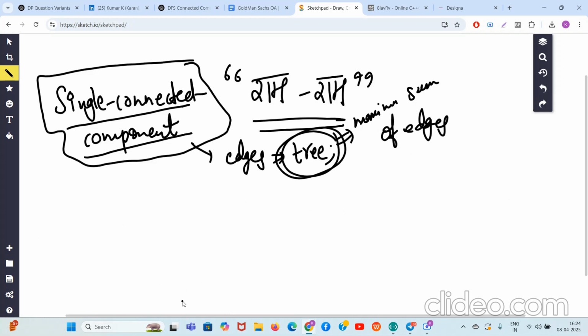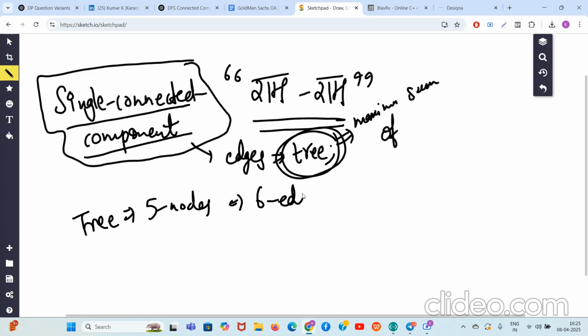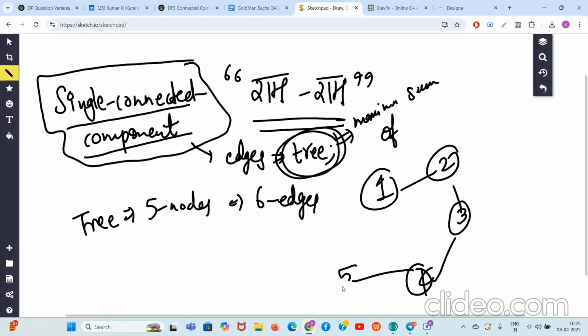If I give you a graph of five nodes and six edges, like this: 1, 2, 3, 4, 5, and one more edge, let's say 1 to 4. Now each edge has some weight: 1, 2, 3.